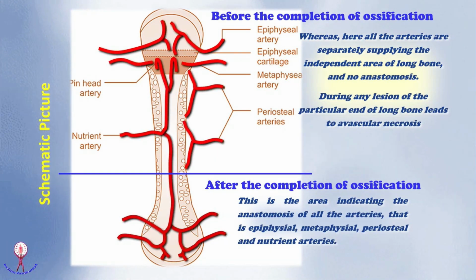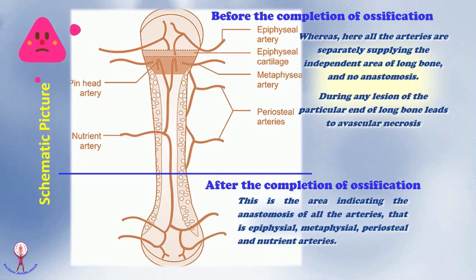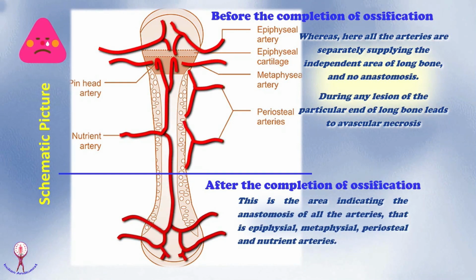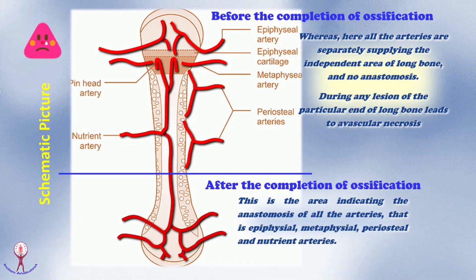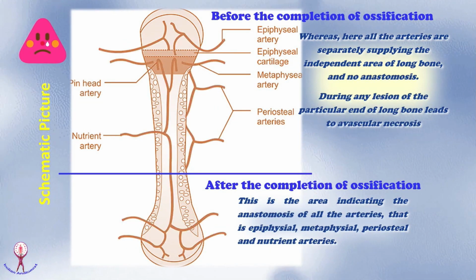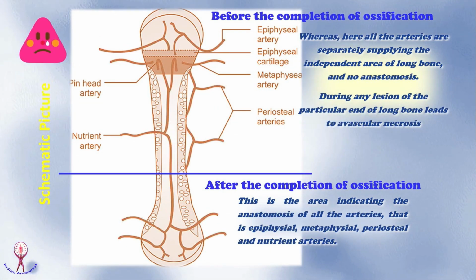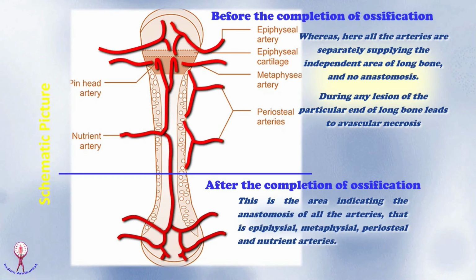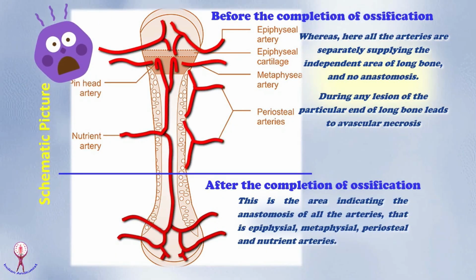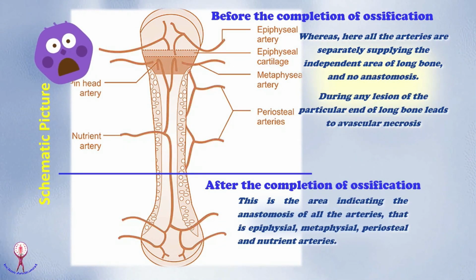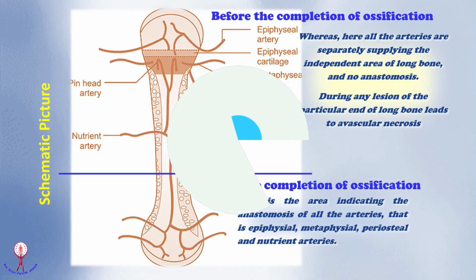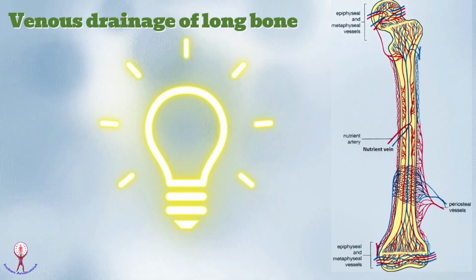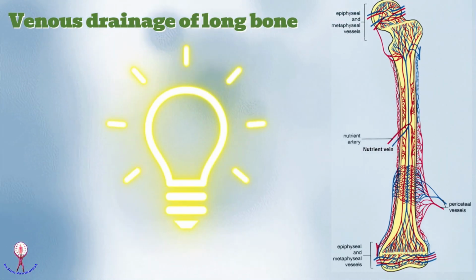At the same time, in children, before ossification completes, the blood vessels separately supply independent areas of long bone, and no anastomosis occurs. Because of this, any lesion of a particular end of a long bone leads to avascular necrosis of long bones or short long bones.